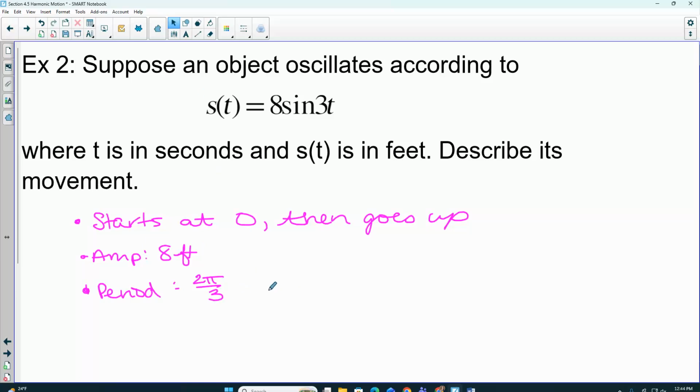Period. That is the time. So it's basically saying it takes 2 pi over 3 seconds per oscillation. What is the frequency? And that would be oscillations per second. Those are just reciprocals of one another.